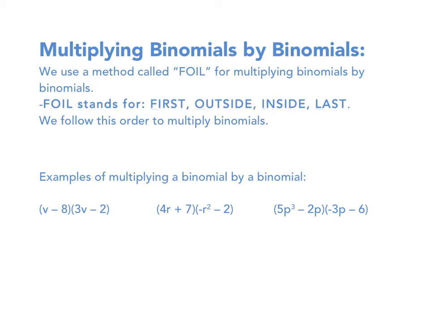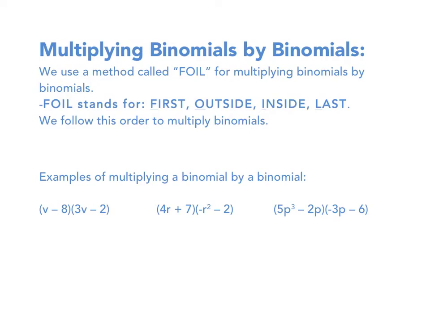So now we're moving on to multiplying binomials by binomials, and we use a method called FOIL for multiplying these binomials. FOIL stands for first, outside, inside, last. And that explains the order in which you multiply these binomials. So you start with your first terms, then your outside terms, then your inside terms, and then your last terms.